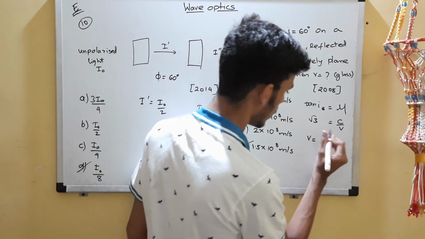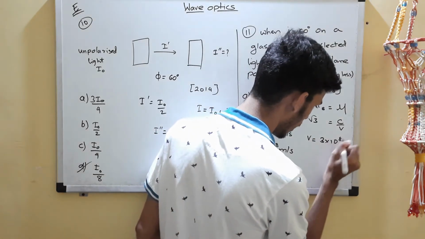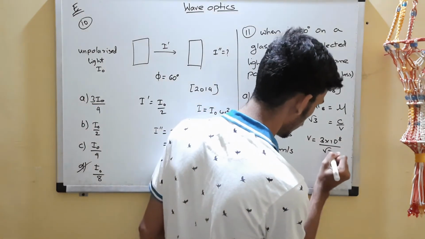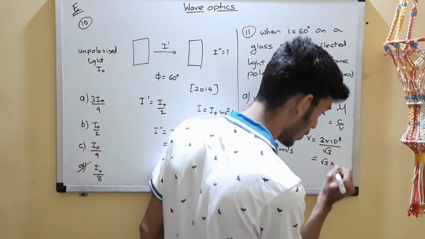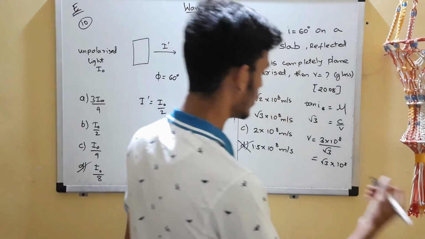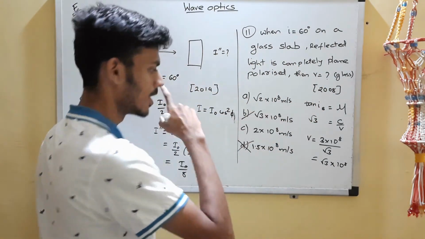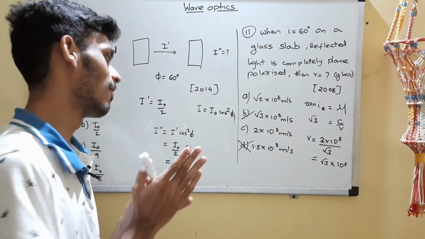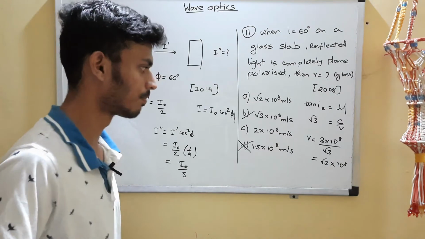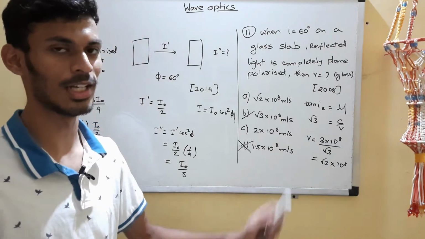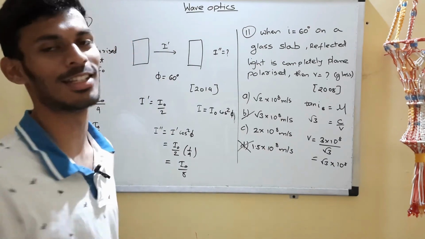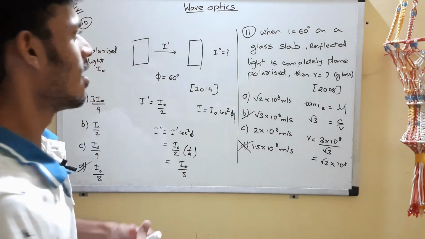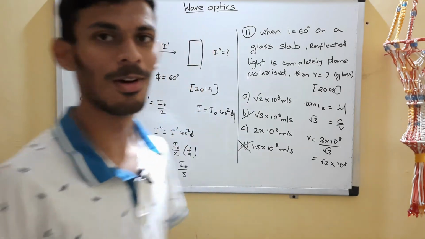So v is equal to 3 into 10 to the power 8, the velocity of light in vacuum, divided by root 3. That gives us root 3 into 10 to the power 8 meters per second, and not option D. So option B is the correct choice over here. Whenever faced with a question, do it the way the question is asking you to do it, not using prior knowledge. Let's move to the next question now.